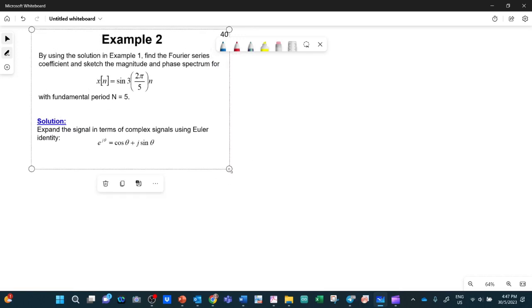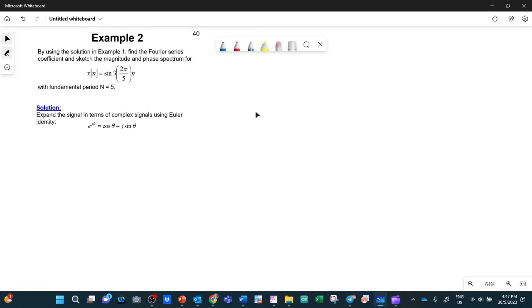If you look at this example, you are given x[n] equal to sine of 3 times 2 pi over 5 n.